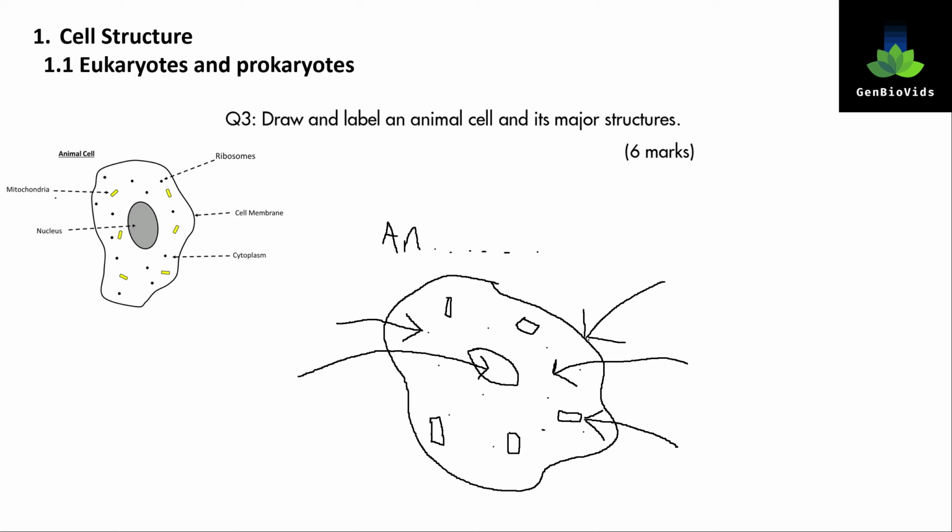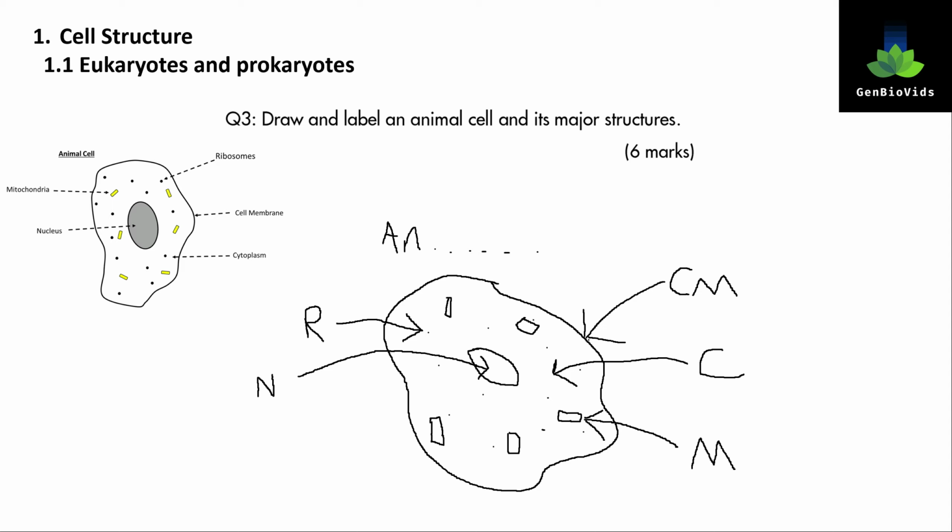Okay, so then you'll label. So I'm not going to write the full word out because it's really difficult on a computer, but I'll write R for ribosomes, N for nucleus, CM cell membrane, C for cytoplasm, and M for mitochondria.